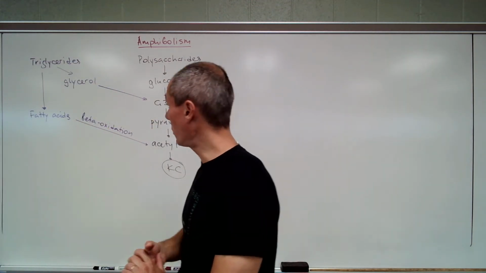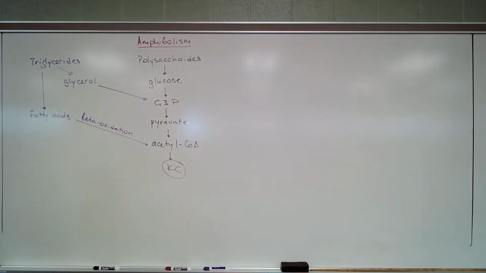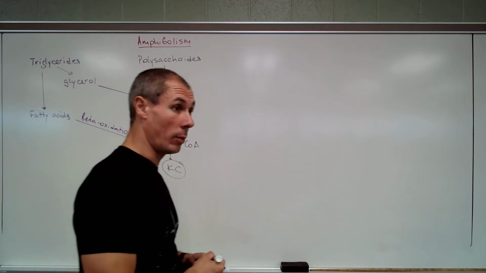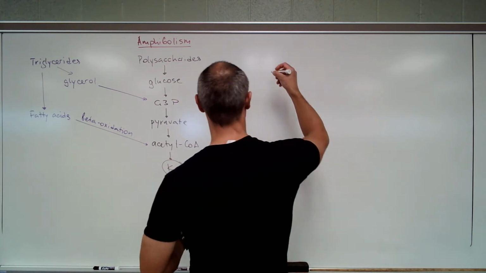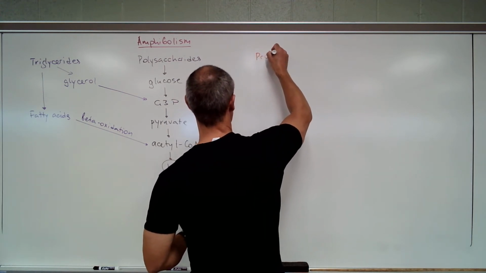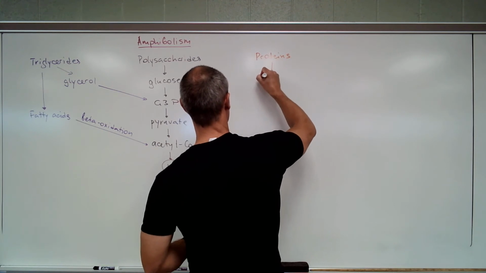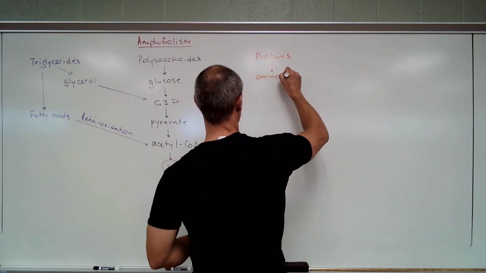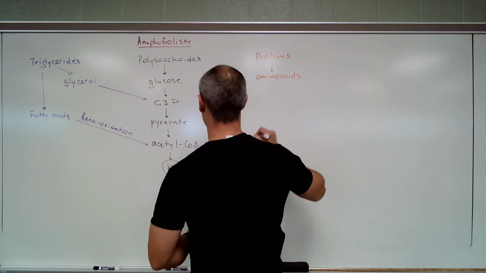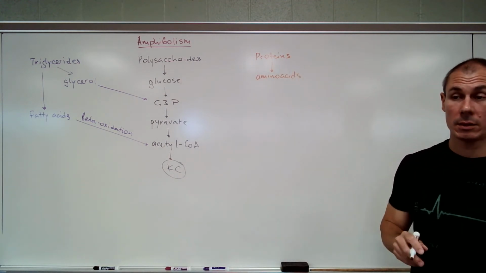Now, what if neither triglycerides nor polysaccharides are available? In this case, proteins can be used. So proteins will be hydrolyzed to form amino acids. And then amino acids can undergo two pathways.